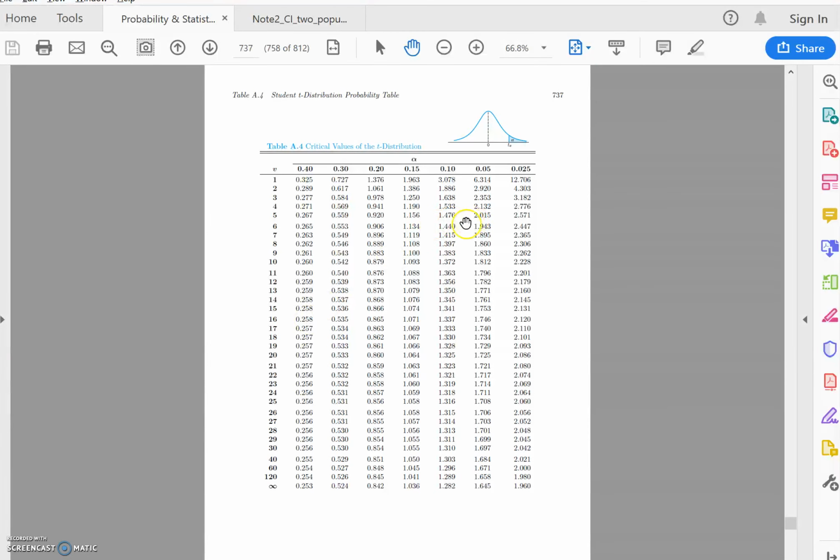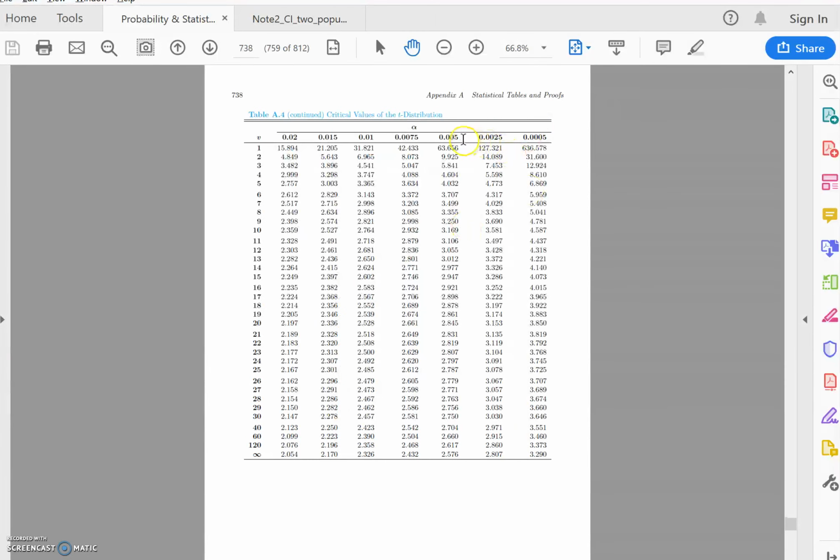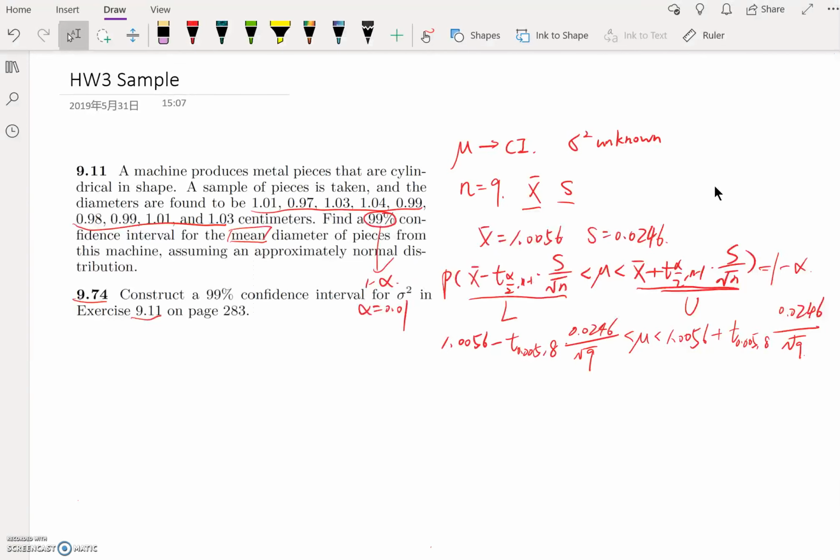T distribution, 0.005 for 8. So it should be 3.355.